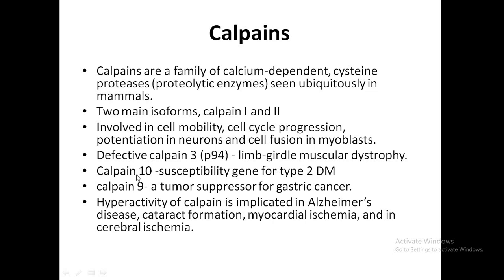Calpain 10 is a susceptibility gene for type 2 diabetes mellitus. Calpain 9 is implicated as a tumor suppressor gene for gastric cancer. And hyperactivity of calpain is implicated in Alzheimer's disease, cataract formation, myocardial ischemia, and cerebral ischemia.